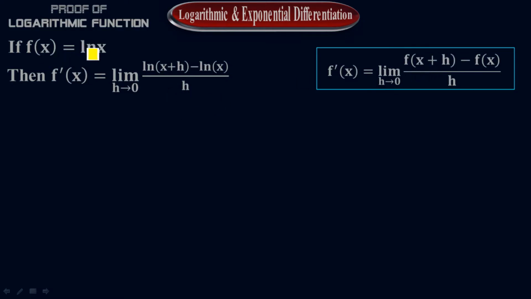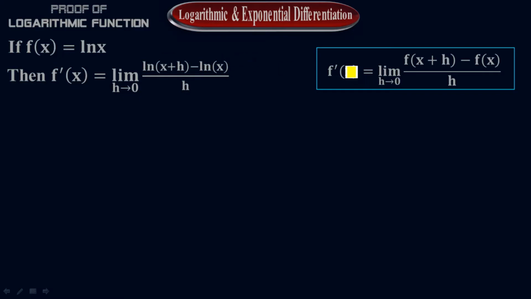Since f of x equals natural log of x, for the f, I'm going to put natural log. The function is natural log, therefore I put natural log, but of x plus h, not only x.